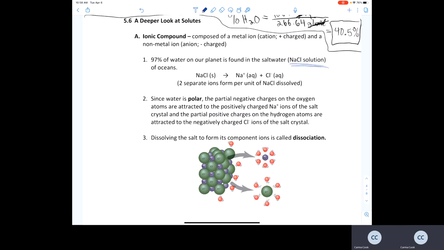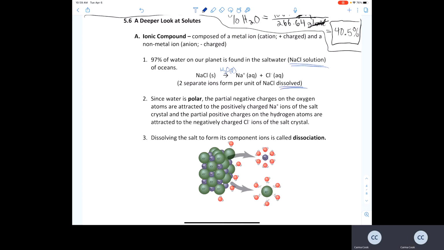And so ionic compounds, of course, are composed of ions. And so when you put a solid salt like sodium chloride in water, of course, in the liquid state, those ions that make up the salt will separate from each other and therefore get dissolved in the water.